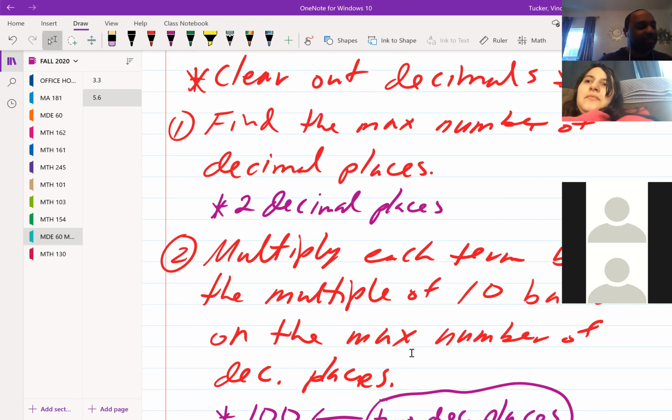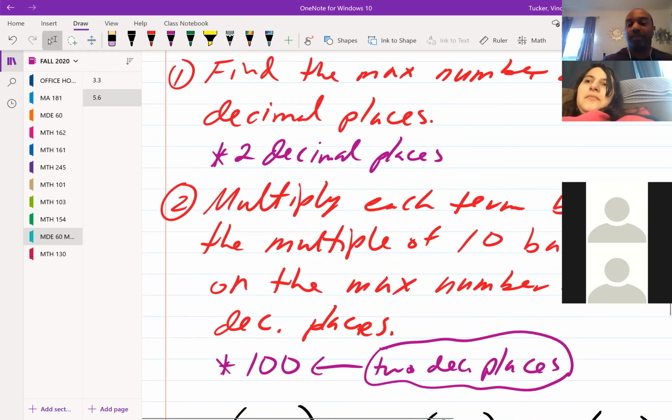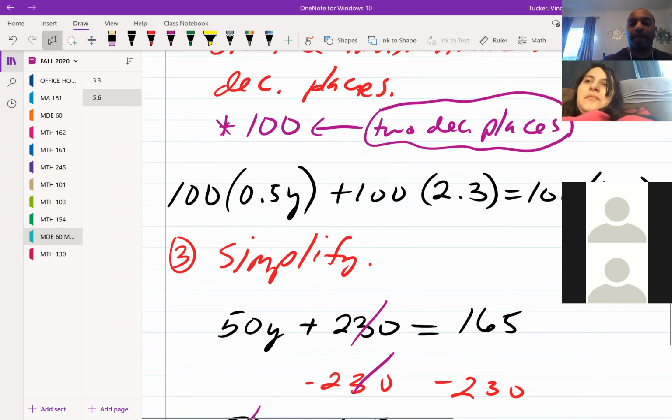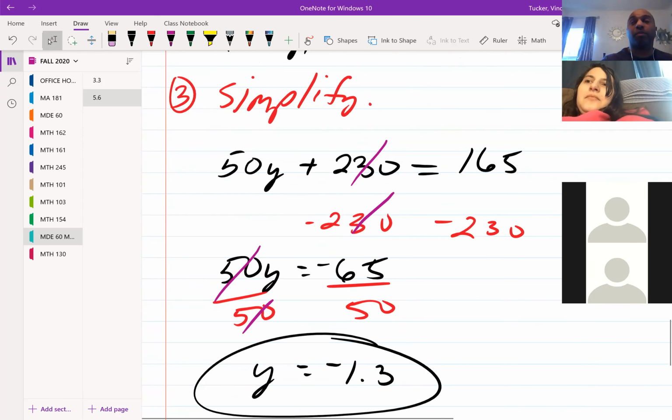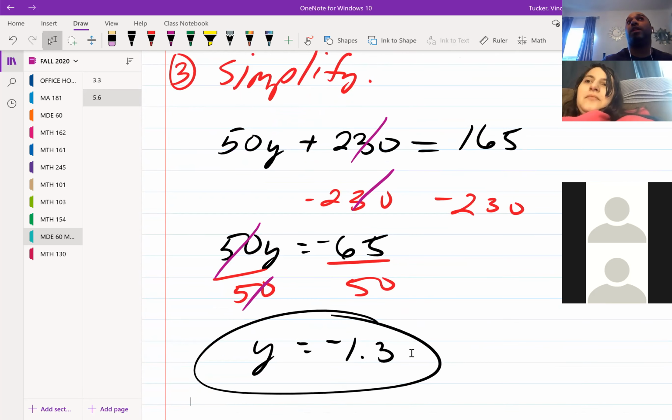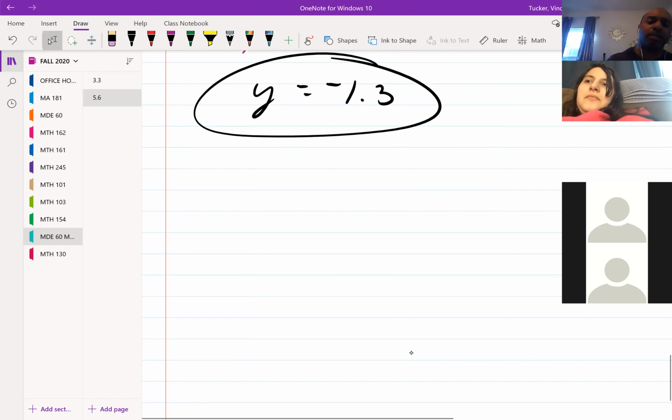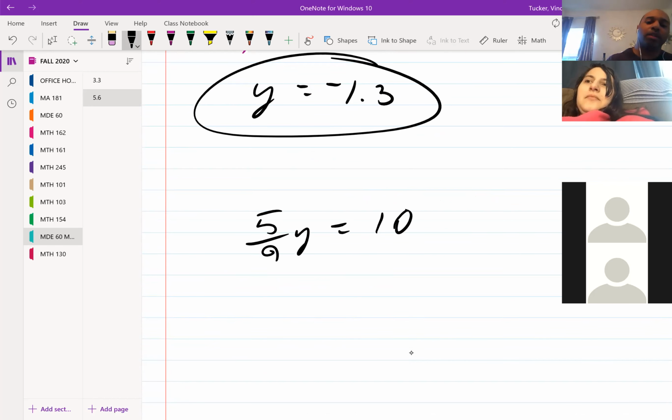And just like with the fractions thing, a lot of people like to clear out the fractions because they don't feel like dealing with them. You just do the reciprocals, don't you? For the fraction, when you talk about clearing out, it depends on how many steps or the complexity of the problem. Because if all you had was 5/9 y equal to 10, then you would do the reciprocal.